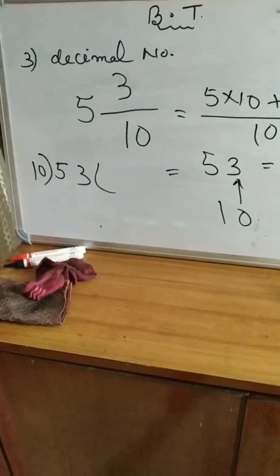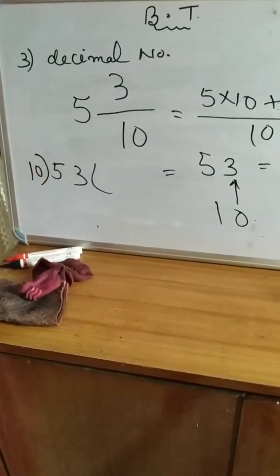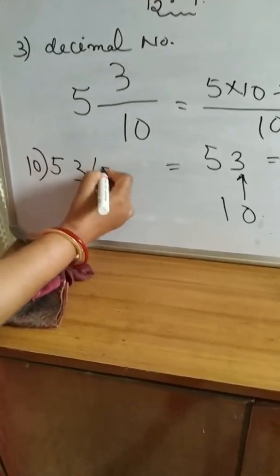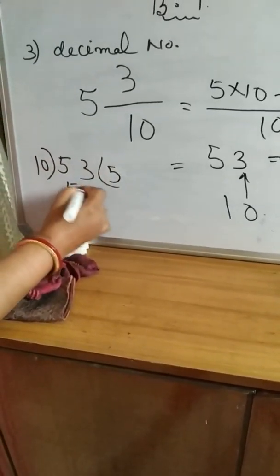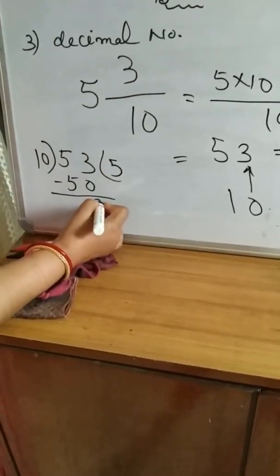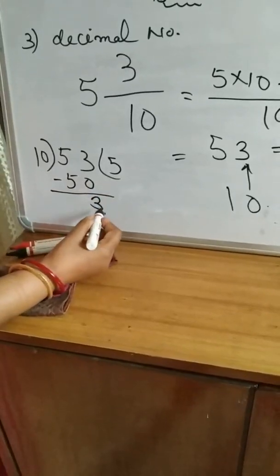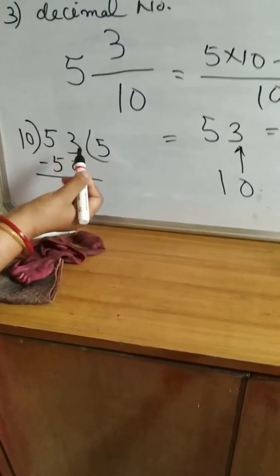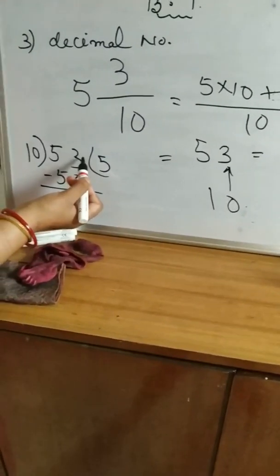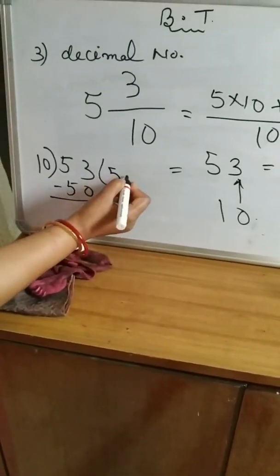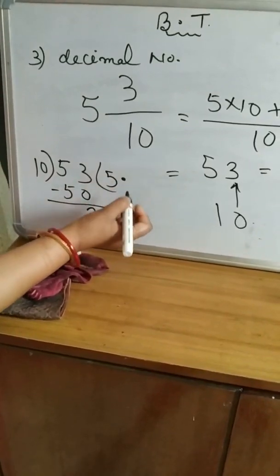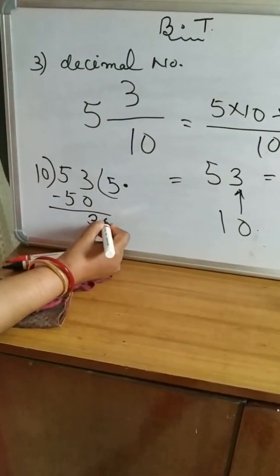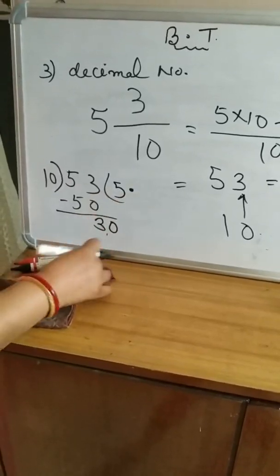This portion is not taught yet, but I am telling you with the help of multiplication. 10 fives are 50. Minus, 3 is left. When a remainder is left and there is no more digit in the dividend, you have to put the decimal point, and with the decimal you can insert only one 0 with the dividend.